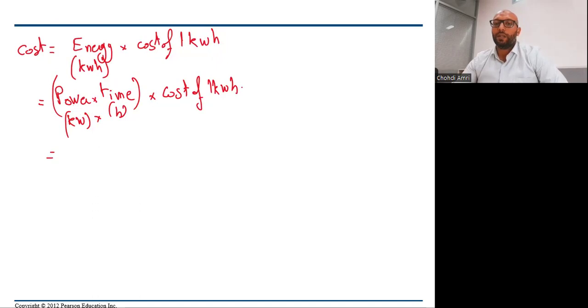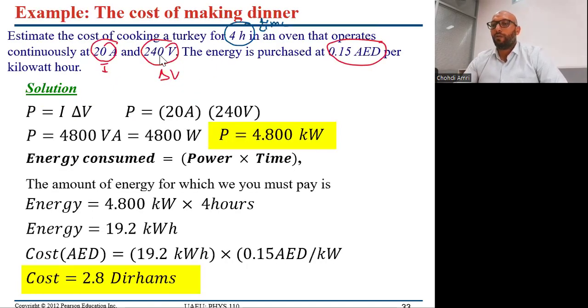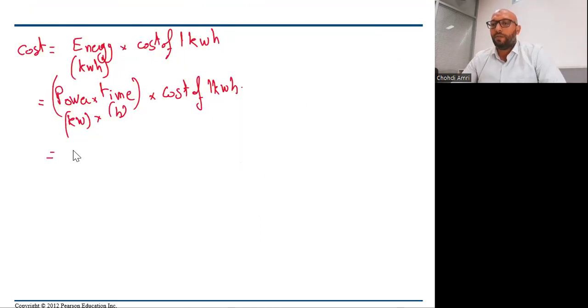What is the power here? What do we have as given? We have a potential difference and a current. So it will be delta V multiplied by the current, multiplied by the time, multiplied by the cost of 1 kilowatt hour.